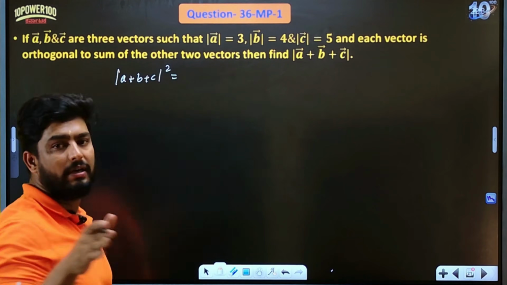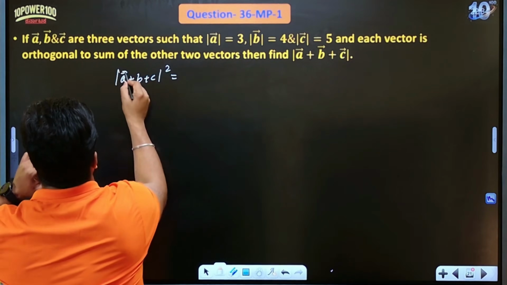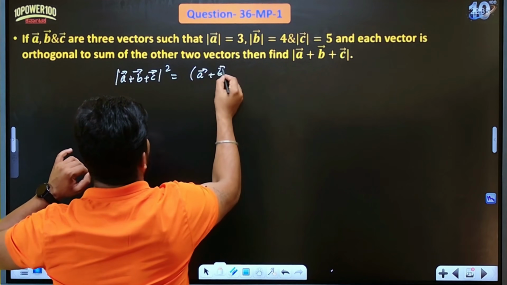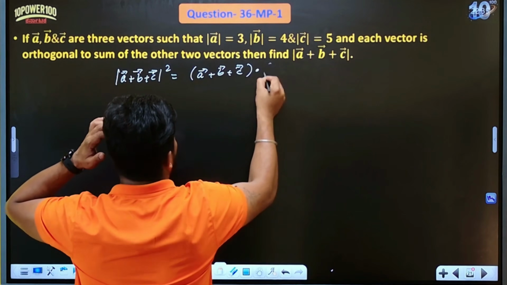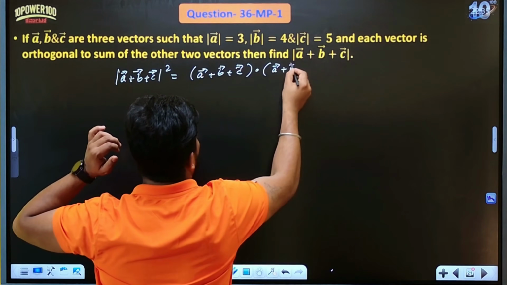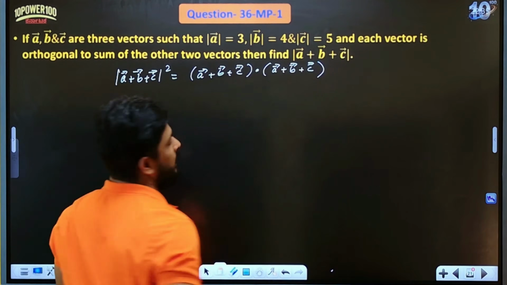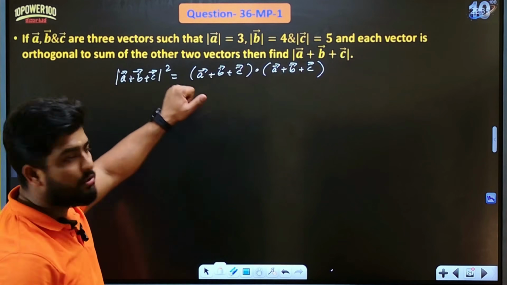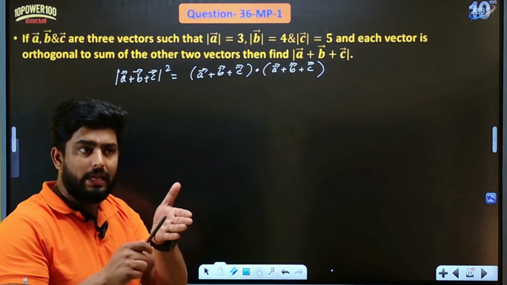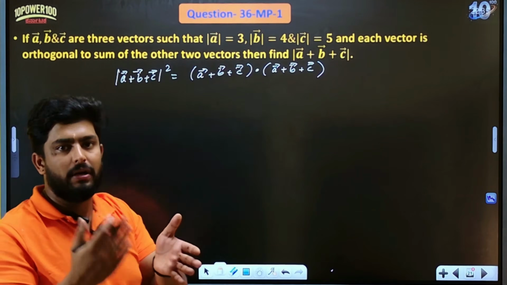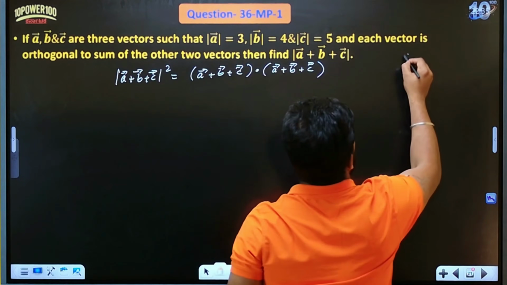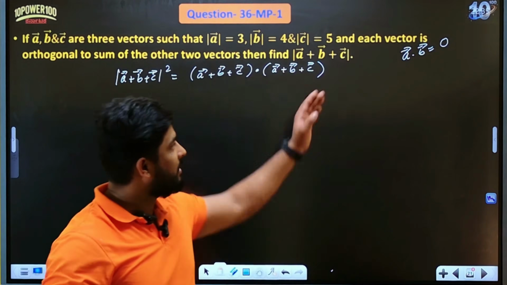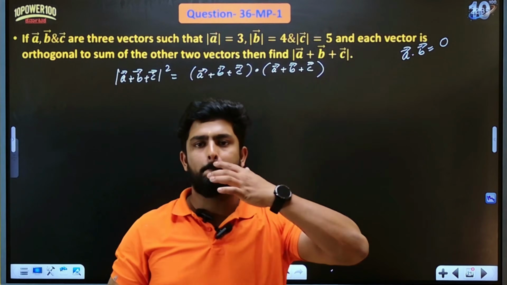When a square comes in the vector chapter, write it with mod. It is equal to vector a plus vector b plus vector c dot vector a plus vector b plus vector c. Write it like this. Next, here they have given that each vector is orthogonal to the sum of the other two. If two vectors are perpendicular, then the dot product, if a and b are perpendicular, then the dot product of them will be 0, kids.